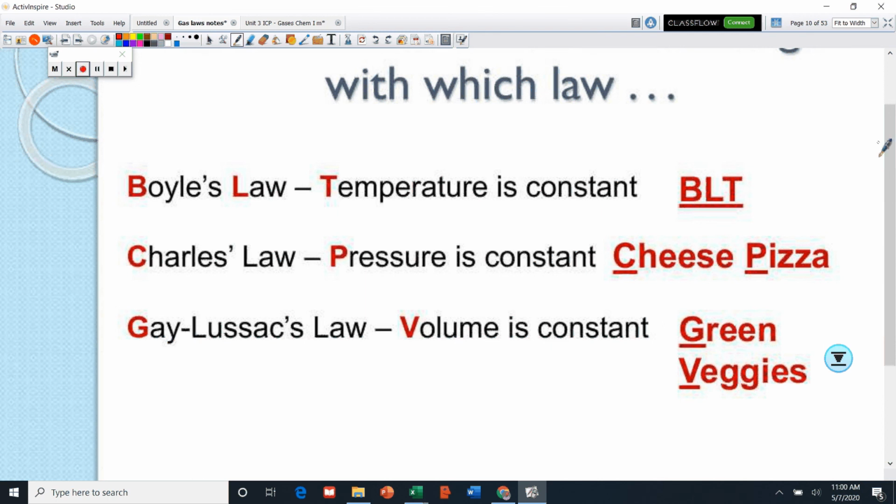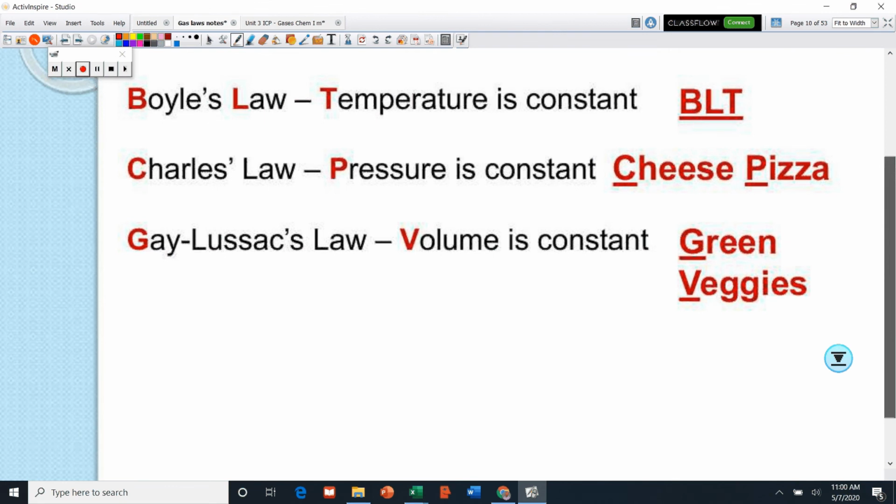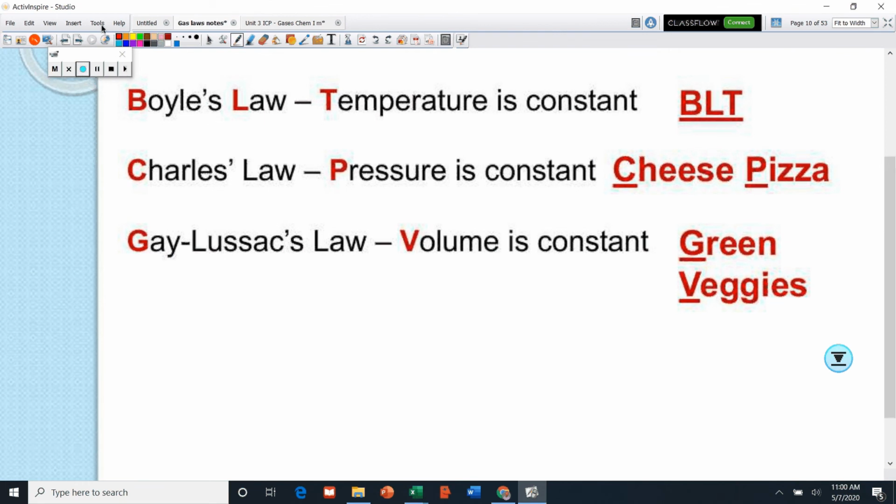Now, really and truthfully, you don't have to memorize these three laws separately. The only thing that ever happens is sometimes they'll ask you a question about what is Charles's law, what is Boyle's law.